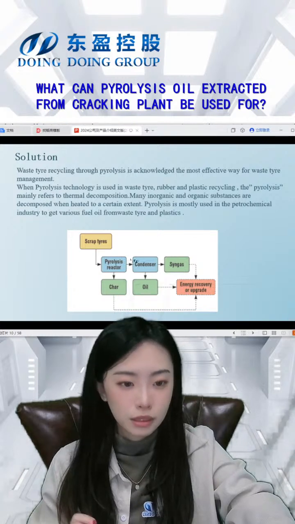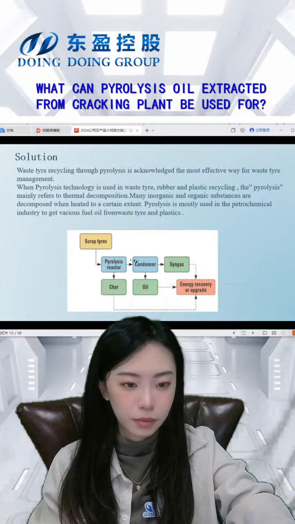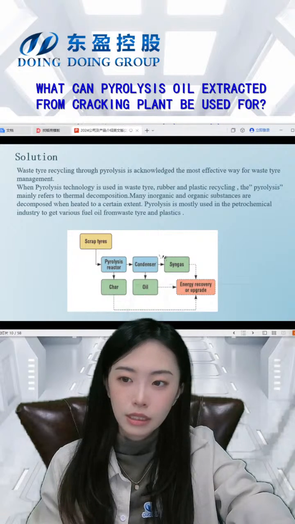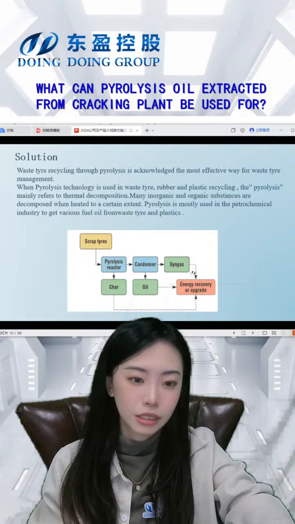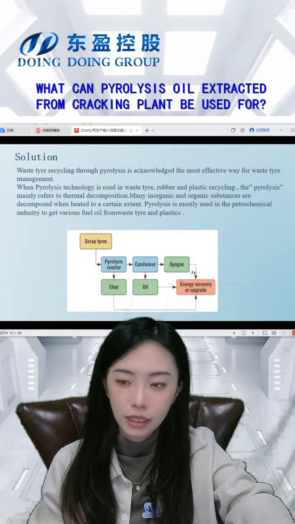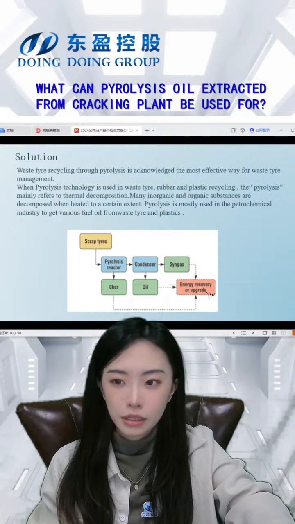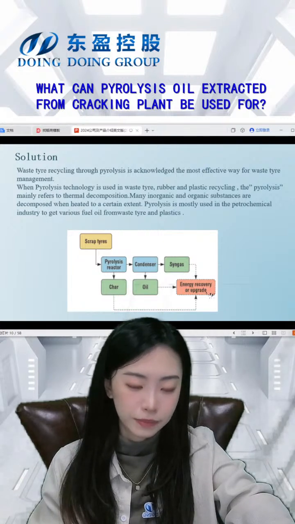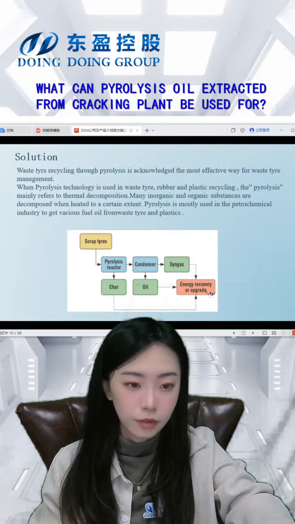Then this is the step where we get the main product, the oil. Then the gas is heating energy. We can use it directly for energy recovery and upgrade. This is a brief introduction.